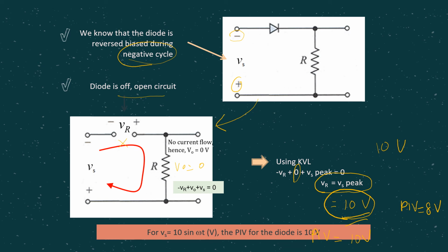Because the PIV rating for that particular diode is just 8 volt, but in reality the diode may experience negative voltage of 10 volt when it is reverse biased. So whenever you know the reverse bias voltage for a particular diode, you should choose a PIV value about the same as VR, or larger than that. It could be 11, 12, 13, 14, whatsoever.